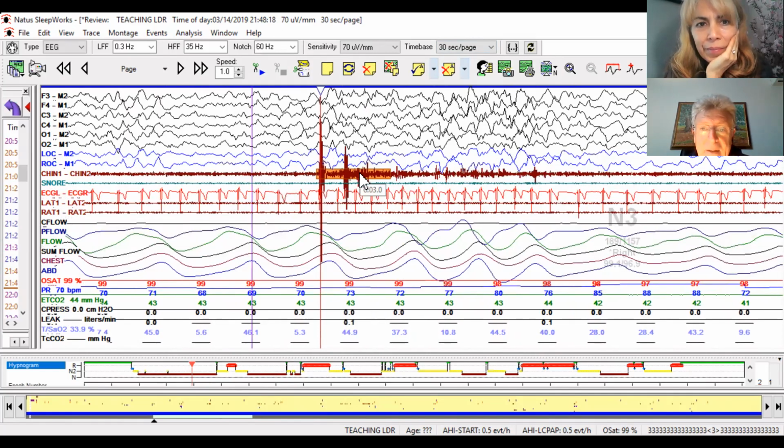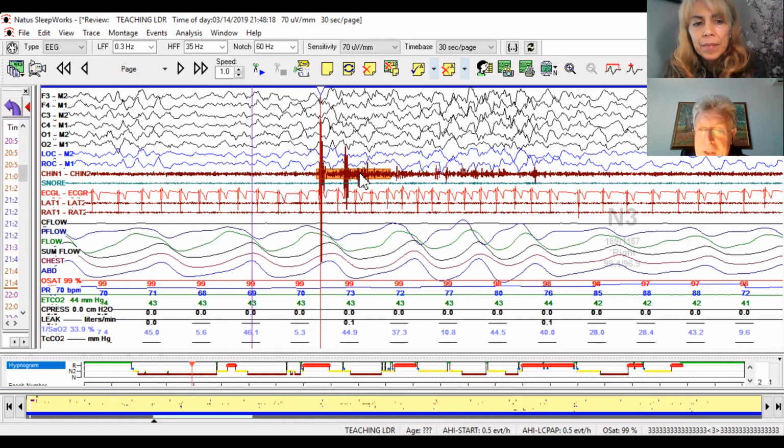If you think about the definition of the arousal, especially during non-REM sleep, it is not based on the presence of a movement on the chin. It's based on the content of the EEG with a shift in frequency. And as you can see, there is a shift in frequency.